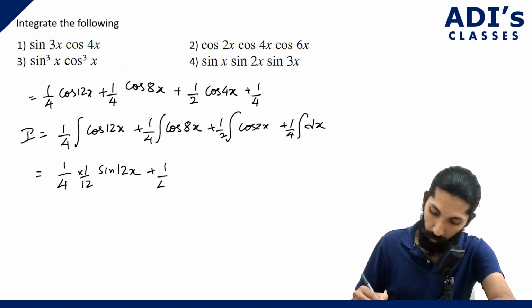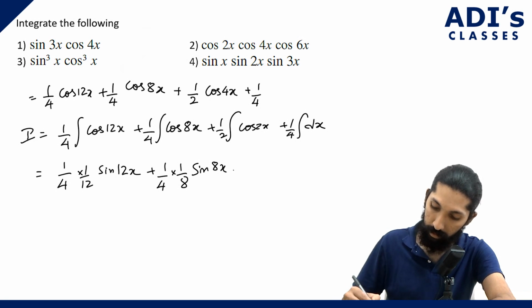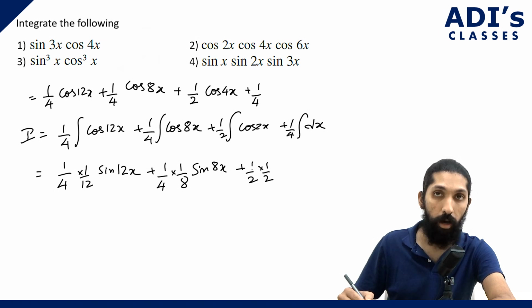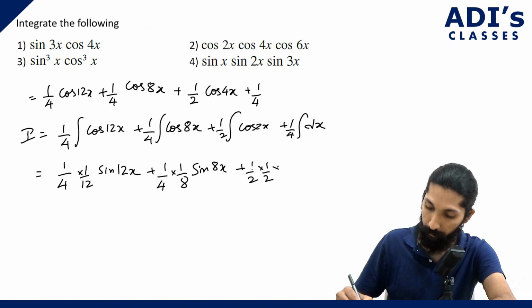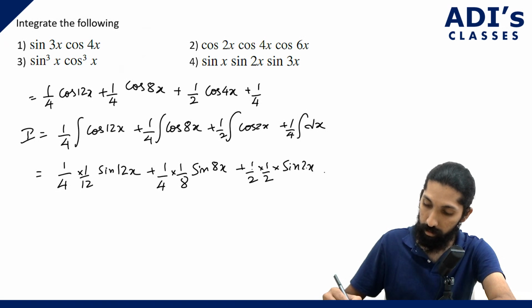Plus 1 by 4 into 1 by 8 sine 8x, half into half into sine 2x plus 1 by 4x plus c.